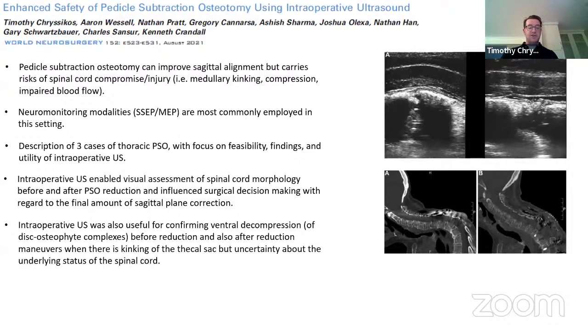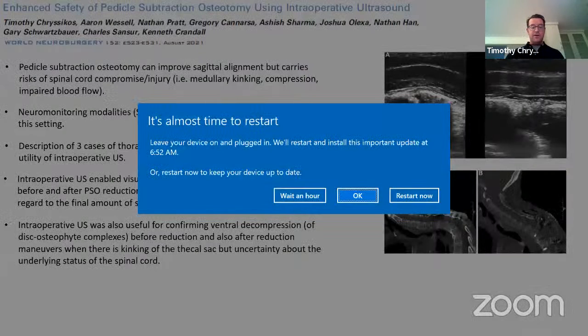In addition, it was useful for confirming ventral decompression of disc osteophyte complex. When you make your wedge osteotomy, it doesn't completely guarantee that there isn't still some disc osteophyte or other debris ventral to the cord that could indent the cord ventrally when you start the closure. So that's stage 1 of how this was helpful.